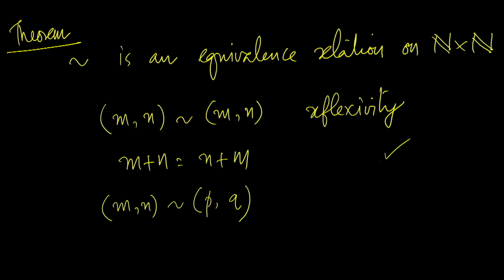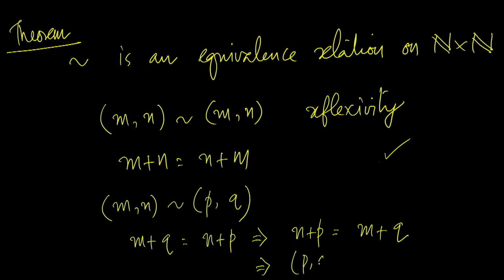If the relation holds between (m, n) and (p, q), then we have by definition m plus q is equal to n plus p, which implies that n plus p is equal to m plus q, which would imply that (p, q) is equivalent to (m, n) by the commutativity of addition. n plus p is the same as p plus n and m plus q is the same as q plus m.